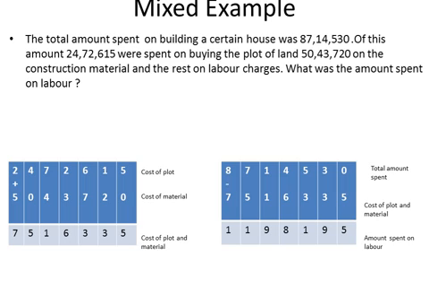Now we solve the problem set 13. In problem set 13 there are the mixed examples. Mixed example means addition and subtraction. Both the operations you can do. And here are the 4 word problems in problem set 13.